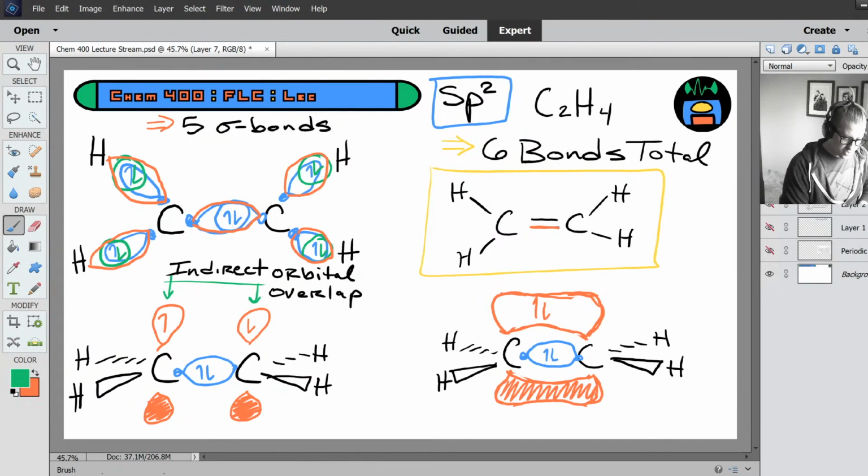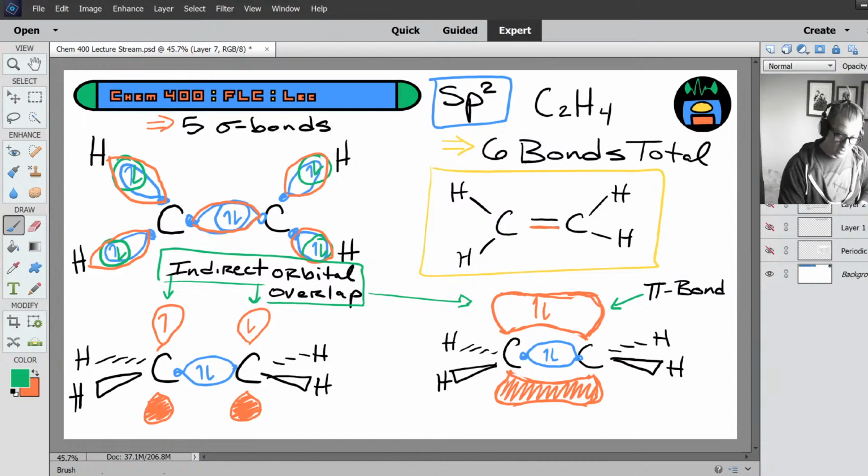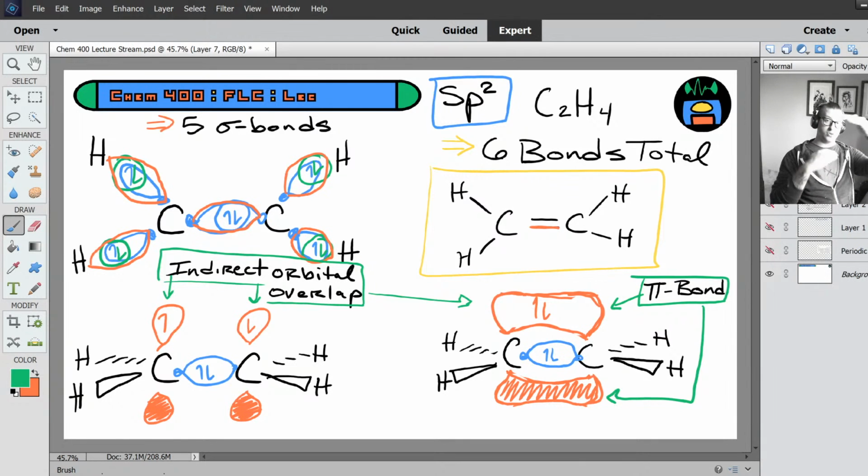So this indirect orbital overlap leads to the formation of what we call a pi bond. Now, something that I want to be very clear about: a pi bond has two lobes. So this is not two pi bonds together. This is one pi bond. There's two halves of it.